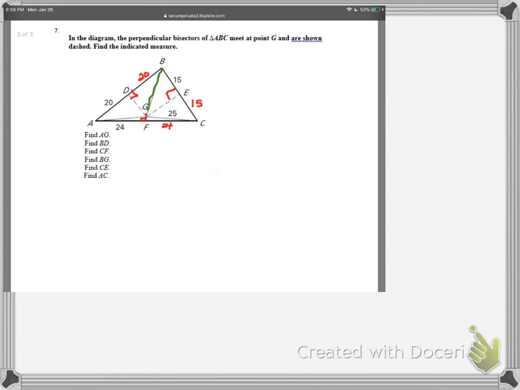Draw your line from G to angle C, which is a vertex. Draw your line from G to angle A, which is another vertex. Those green lines will all be the same length. And what length will that be? That will be 25. So this is 25, and this is 25.